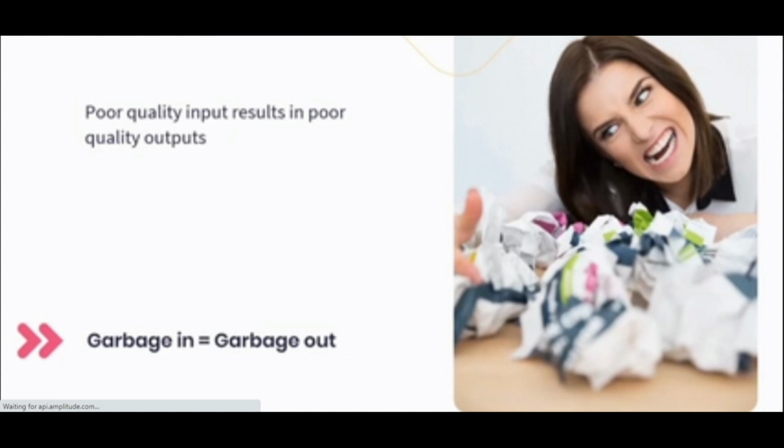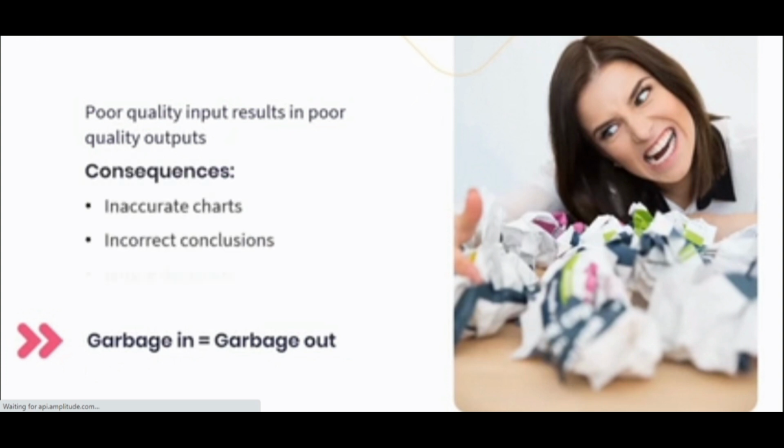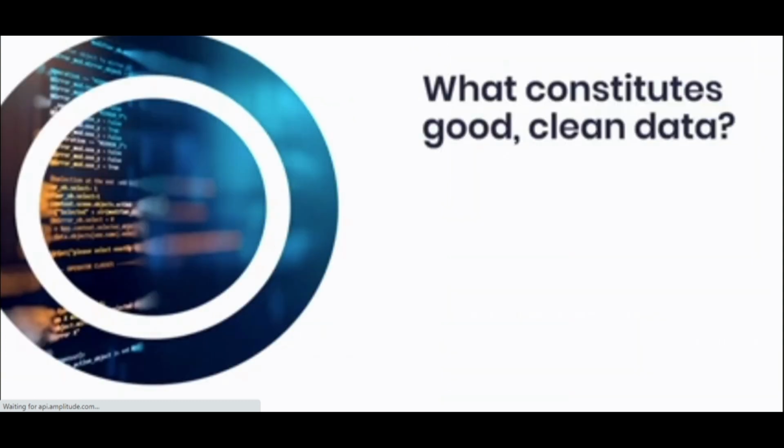This could even impact on our decision on whether to open the business or not. Some impacts will be more significant than others, but there are consequences, including reaching incorrect conclusions and therefore making the wrong decision. So how do we avoid this?